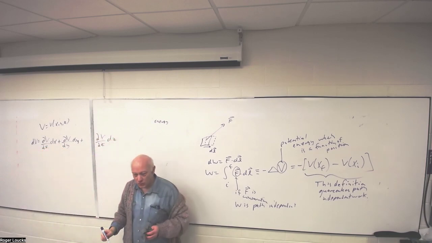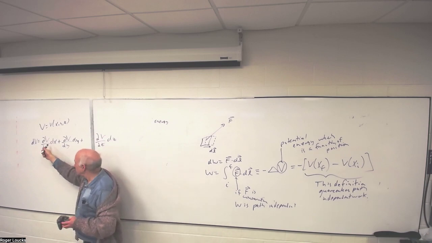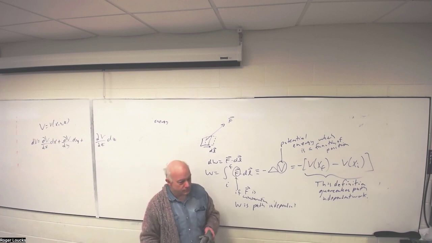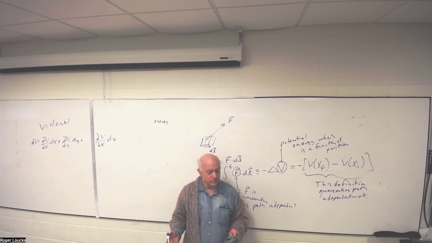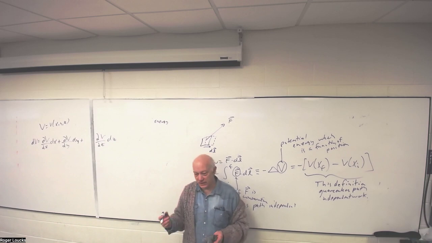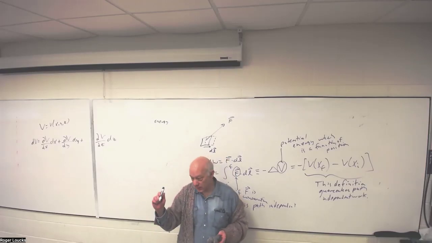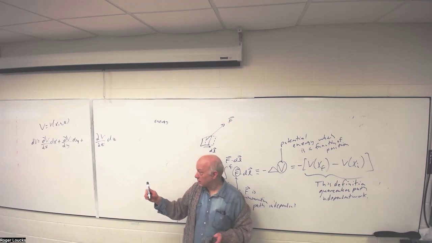What does this look like? Something times dx plus something times dy plus something times dz. When do you take an X times an X plus a Y times a Y plus a Z times a Z? A dot product. It smells like a dot product.